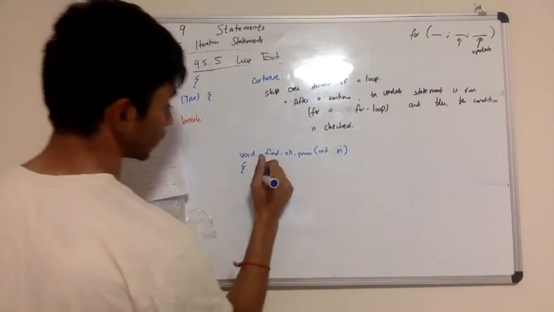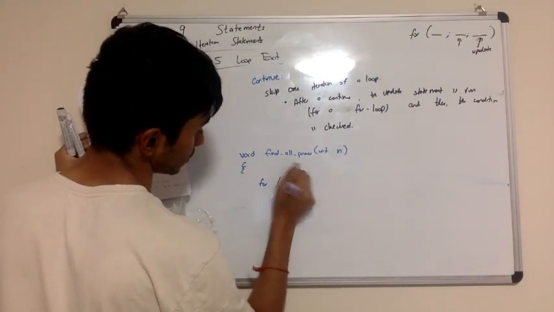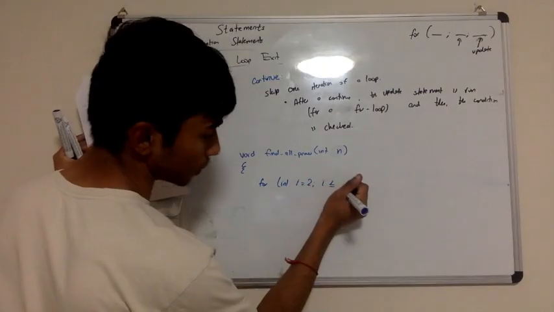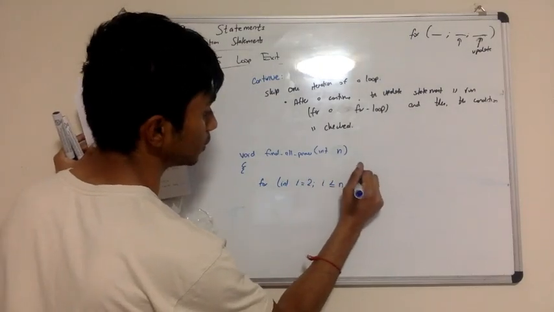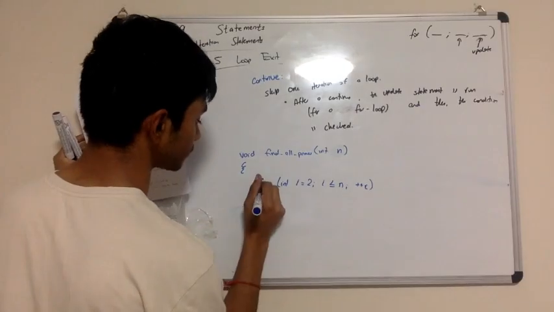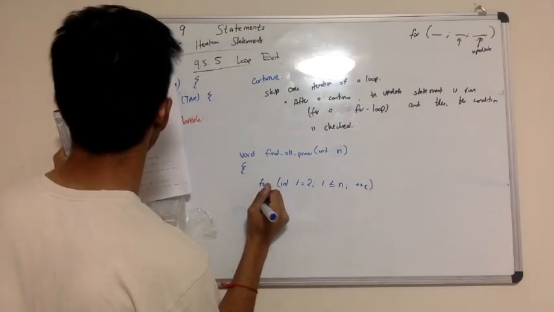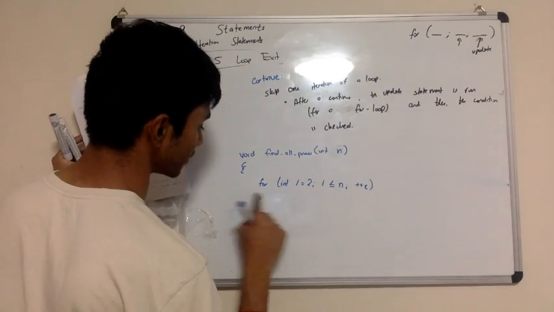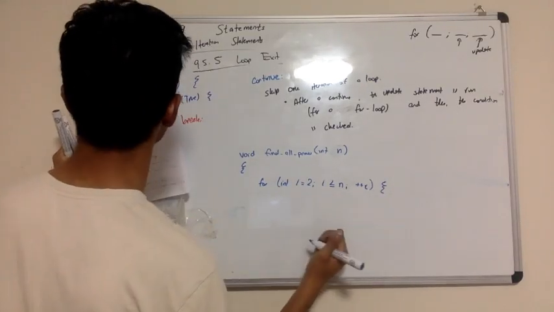Okay. So what are we going to do? We're going to say for int i equals 2, i less than or equal to, because we want to check n as well, less than or equal to n, plus plus i, so that increments i.